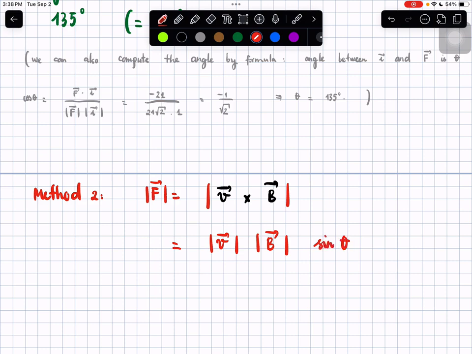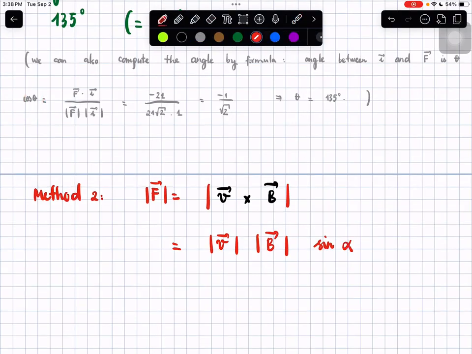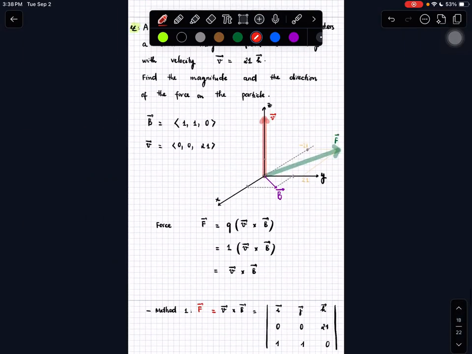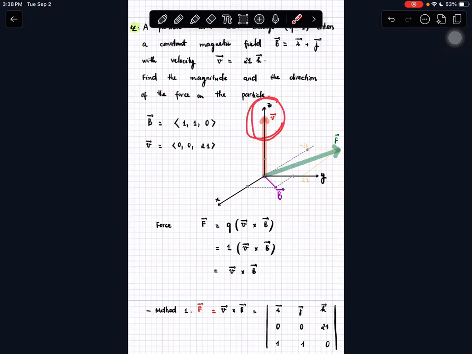I already used theta, so let's use sine of the angle alpha, the angle between V and B. Looking at the picture, V is on the x-axis and B is on the z-axis, so this angle is 90 degrees because the z-axis is perpendicular to the xy plane.